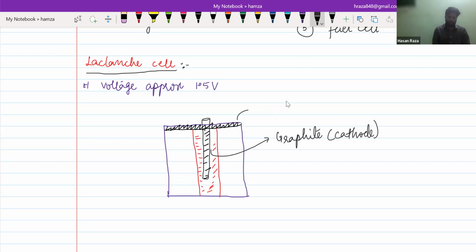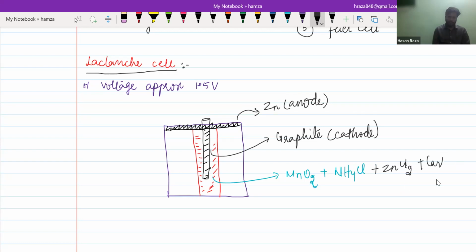Now this is zinc, which acts as anode. Now see, the red one is basically a paste of manganese dioxide. In this paste of manganese dioxide, there is ammonium chloride, NH4Cl, plus ZnCl2, zinc chloride, and then carbon black.